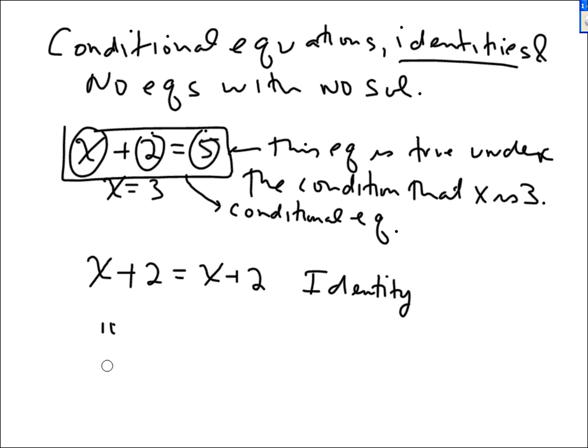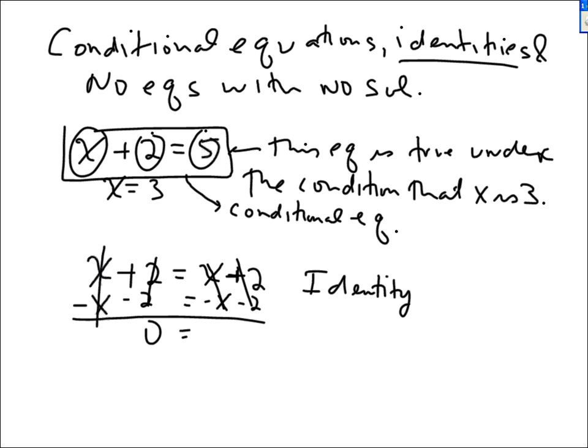Now, if you try to solve it, you try to bring all the x's to the right side, for example. If you take away x on the left side, you take away x on the right side. And if you bring the x's to the right side, you have to bring the numbers to the left. So the plus 2, you bring over. And you go, oh, 0 equals 0. Or 10 equals 10, or 9 equals 9.